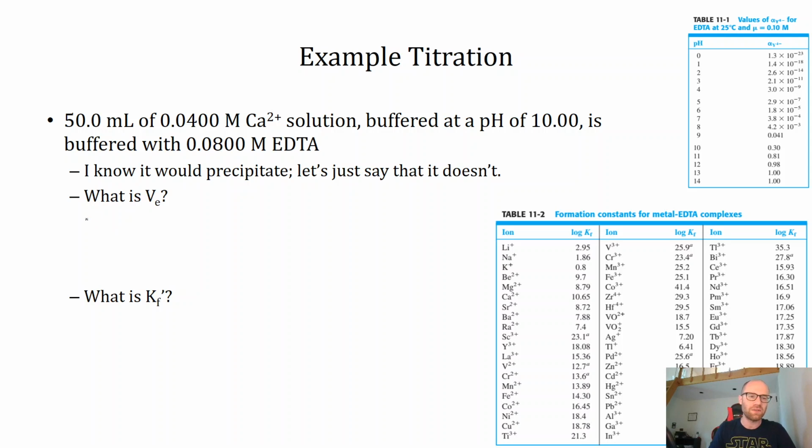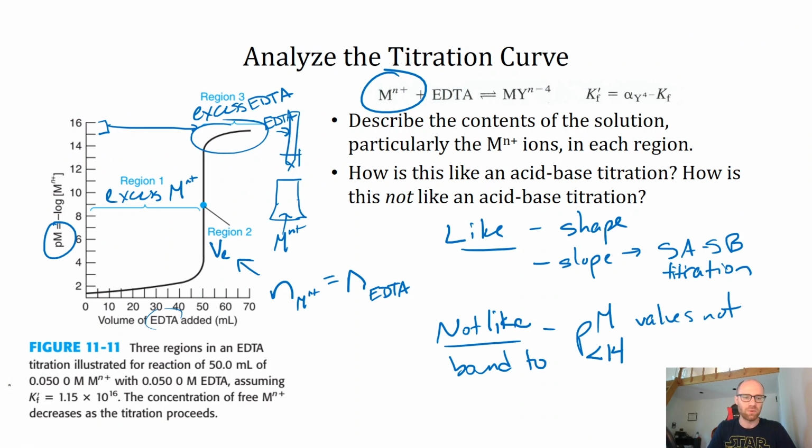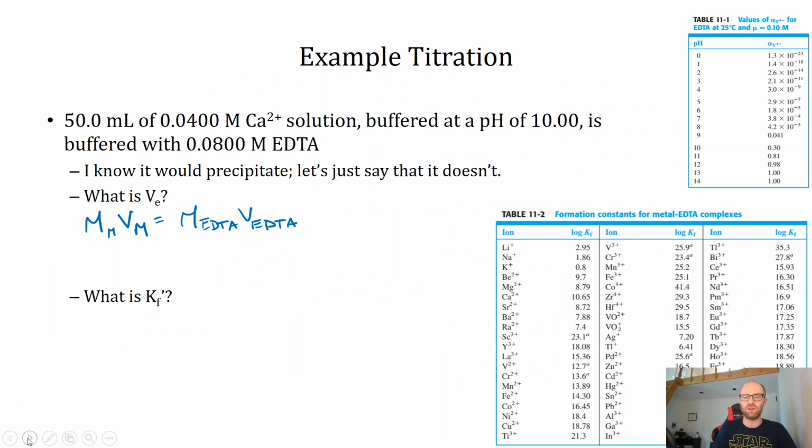To figure out the equivalence volume, we're going to do MaVa equals MbVb, but I guess it should be MmVm equals M_EDTA V_EDTA. Because remember that at the equivalence point, it's still true that the moles are equal, so we can still use that titration equation. It's just not an acid-base titration.